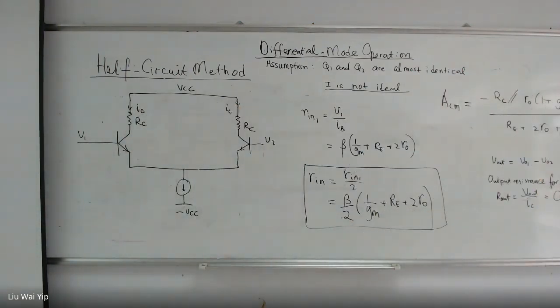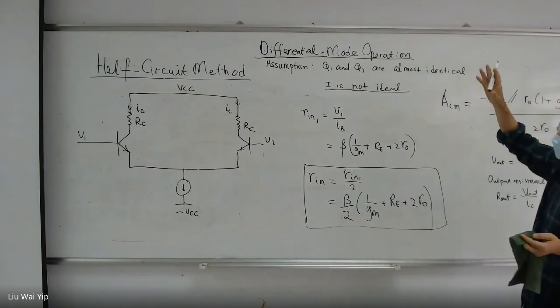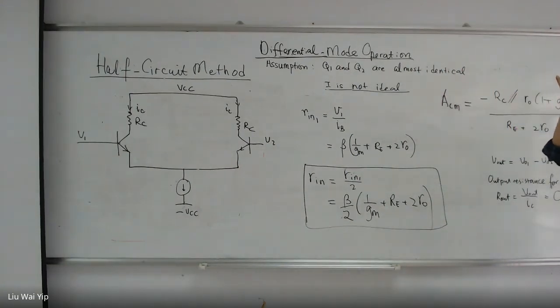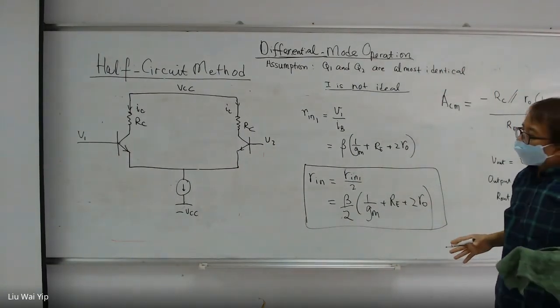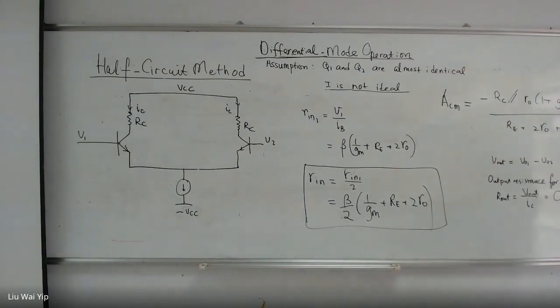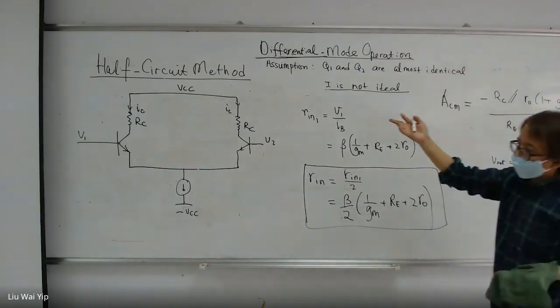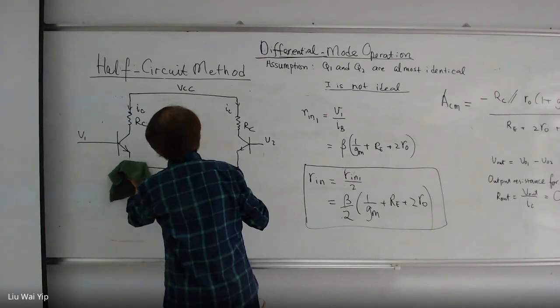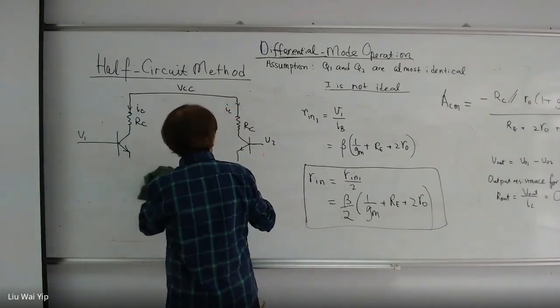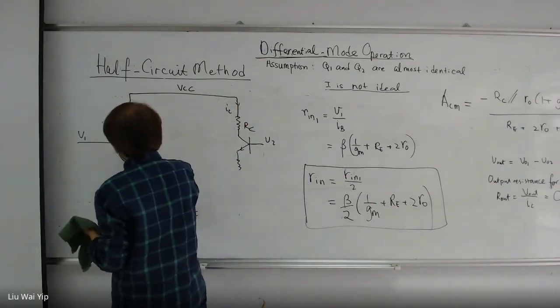Now we have already done the differential gain. It is very easy. And now we are dealing with differential mode. So we want to know the input resistance. By the way, we need the tail resistance here because this is what we have done just now.